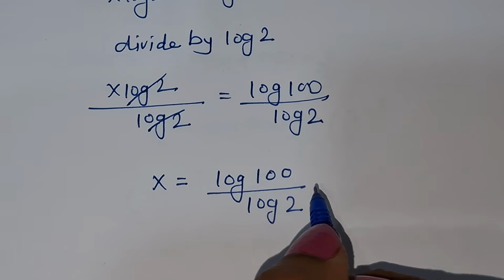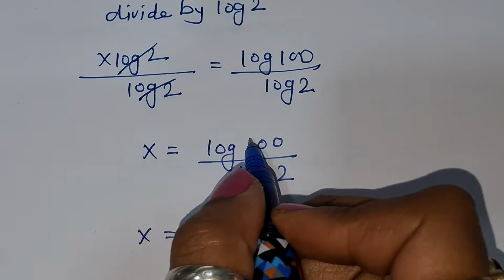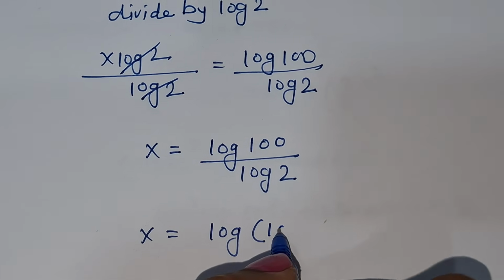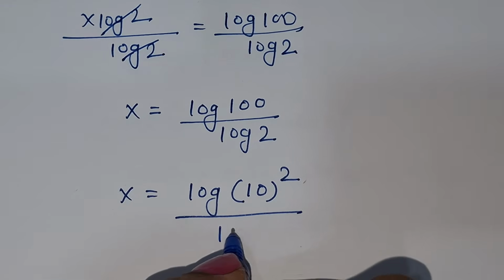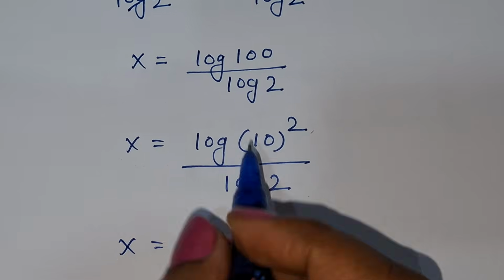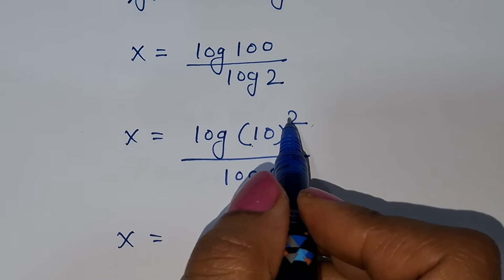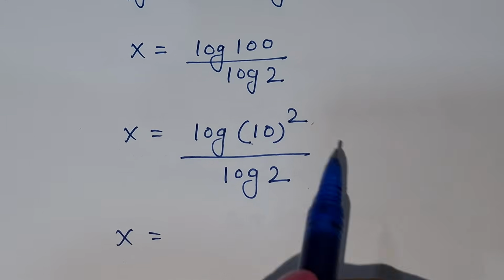Now x is equal to log of 100, and we can write 100 as 10 squared, divided by log 2. Again using the same formula, log of a to the power b is b log a, it becomes 2 log 10.